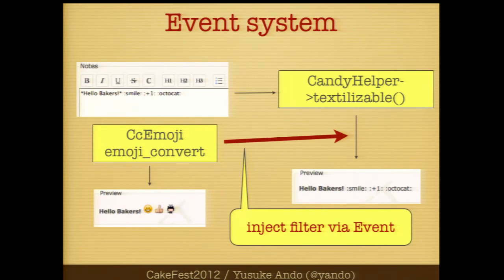I think it's a very old style now. But there's a view helper which does text formatting with the textile format. To show more emoticons, I need to inject a little bit of code into the helper. And to do that, the event system is the best solution.